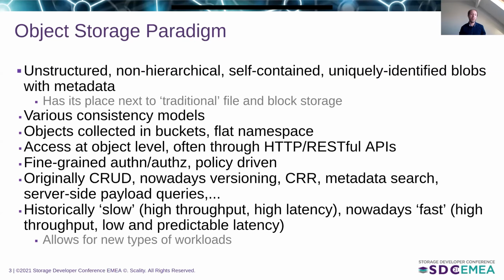Of course, relaxing consistency guarantees may allow for a larger scale. In most object storage APIs, objects are collected in so-called buckets. Buckets, containers, various vendors use different names for the same concept. But within a bucket, the namespace is flat. So objects are, again, not structured. There is no hierarchy between objects.